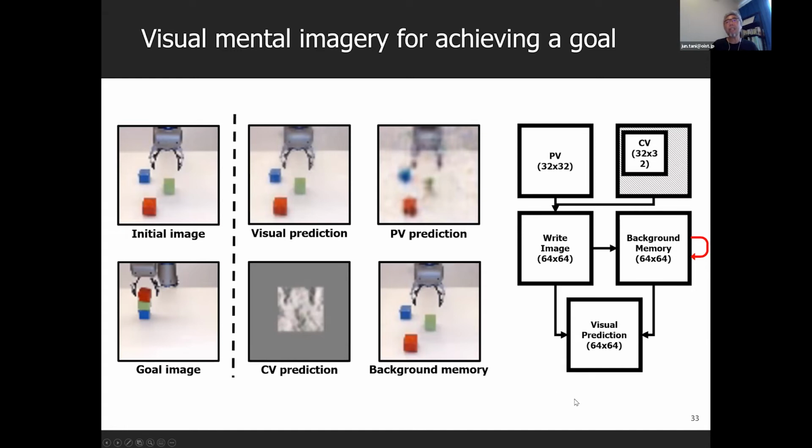First, let's look at what kind of visual imagery, visual prediction, is generated. You see that first the green one is put on, and the red one is put on, and then the goal is achieved. That's the visual imagery, and that looks okay.